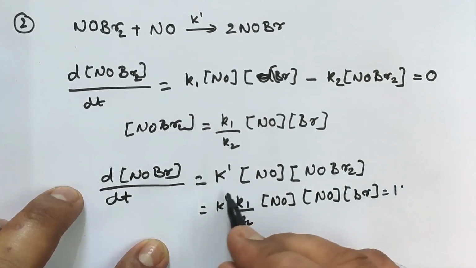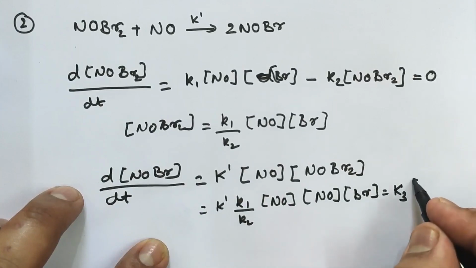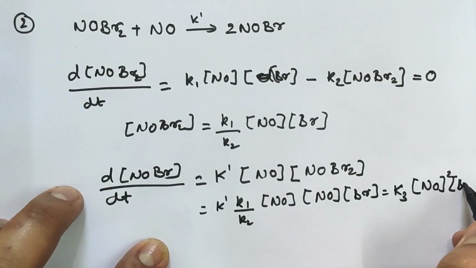All these three are constants, so we can combine them and write it as K3, and this will be NO square into Br2.